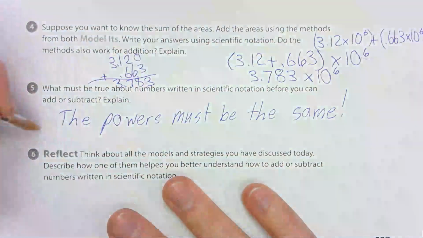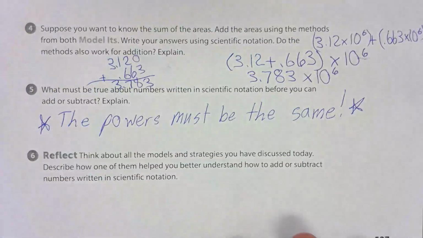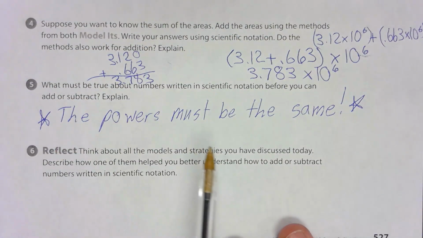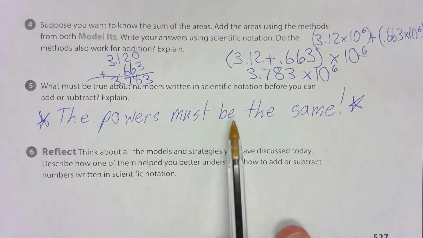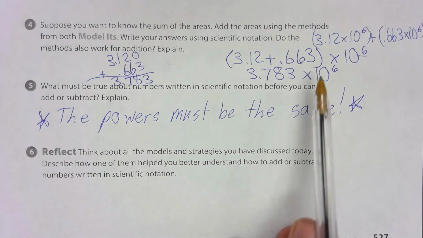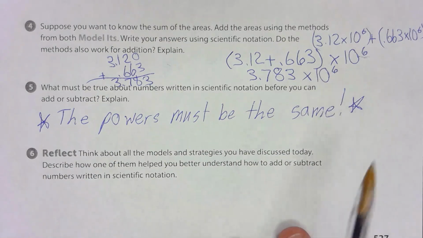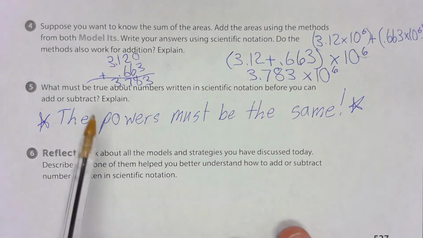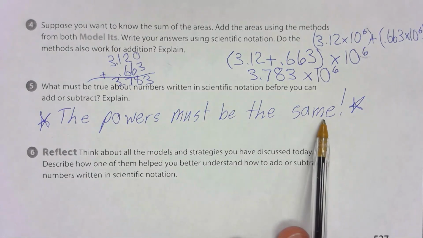Explanation point. Most important idea right here. Okay? If you are going to add or subtract in scientific notation without converting it into standard form, you have to make sure the powers are the same, because that power is going to stick with you, okay? We're not moving a whole bunch of place values when we add or subtract. The powers must be the same, and they'll stay the same.